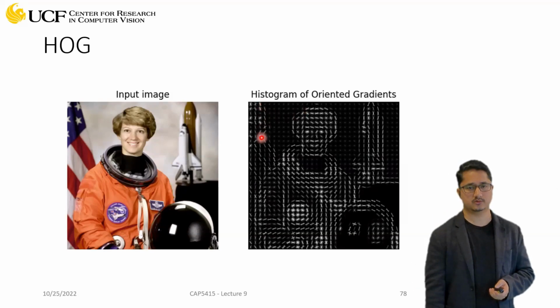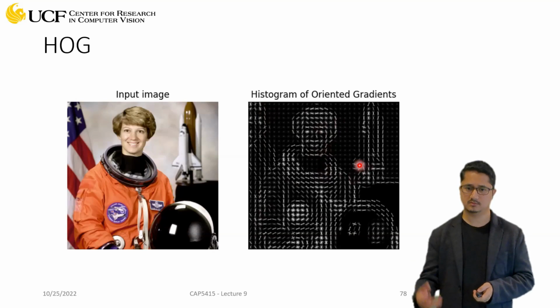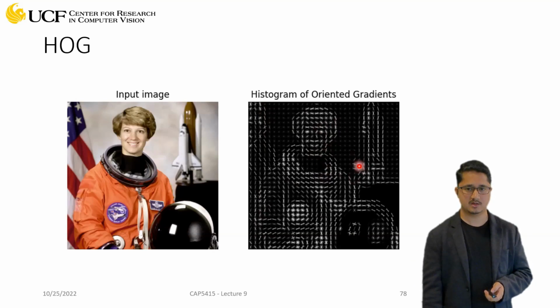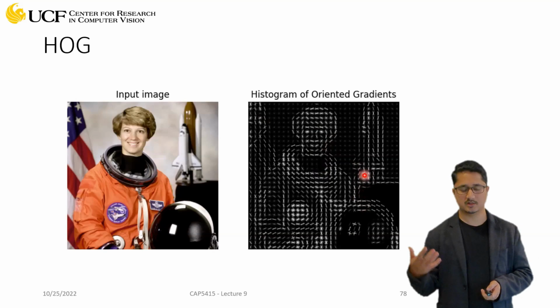That's how you get this visualization. So it's not exactly the HOG histogram, but a way to visualize it. This will help you in debugging whether your extracted features are meaningful or not.